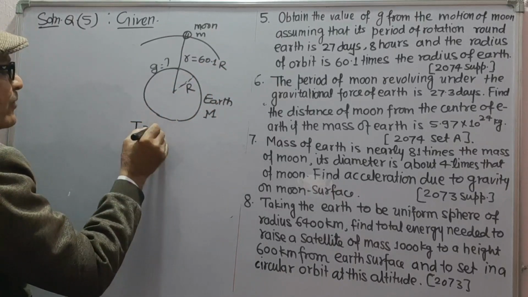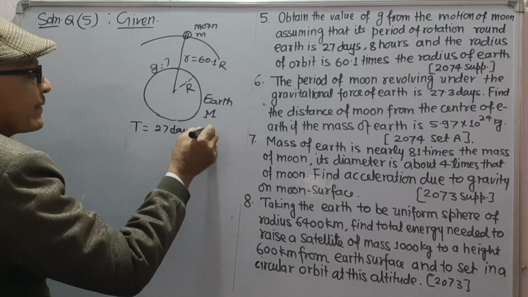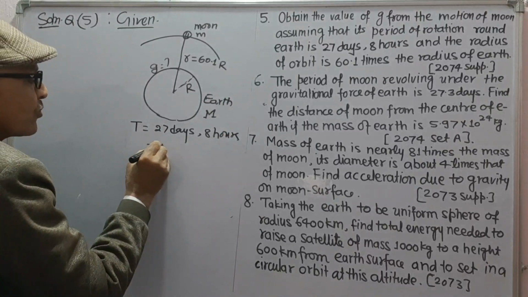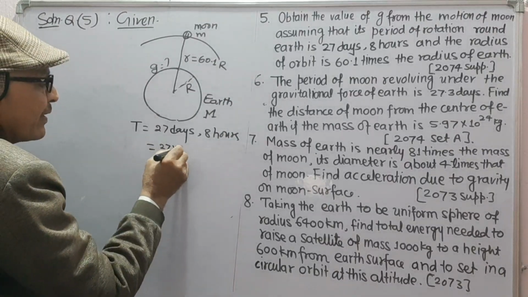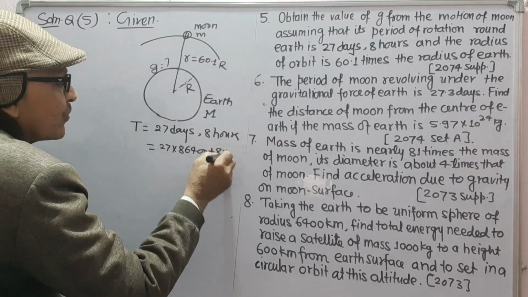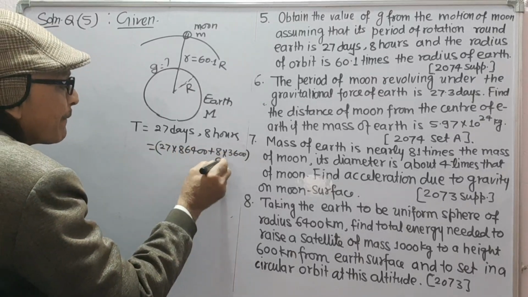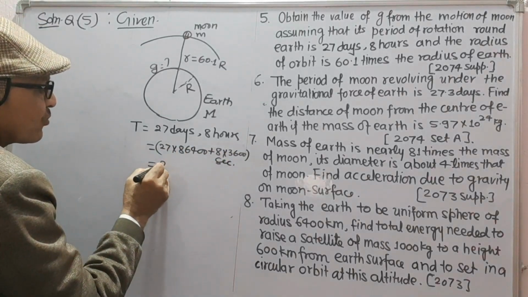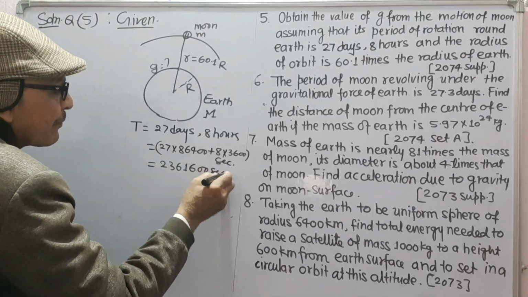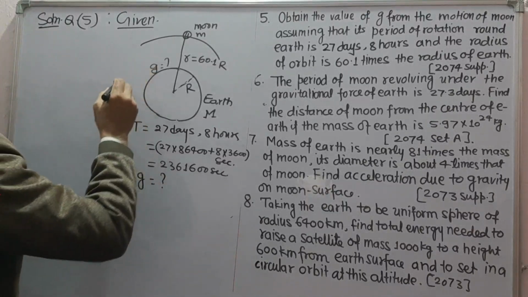Time period is given to be 27 days, 8 hours, which will be equal to 27 into 86,400 plus 8 into 3600 second, which gives 2361,600 second. We have to find small g on Earth's surface.